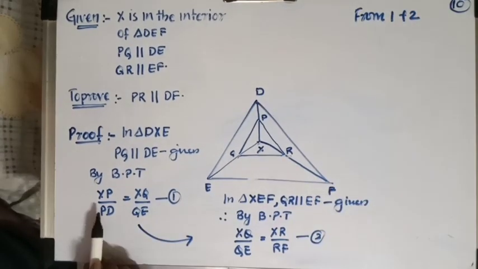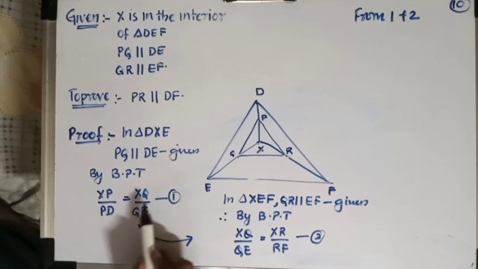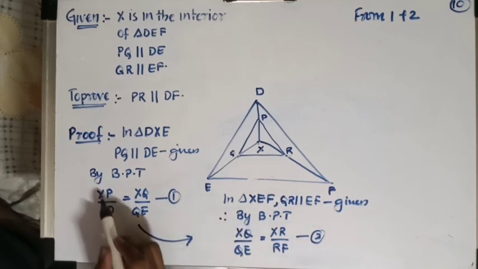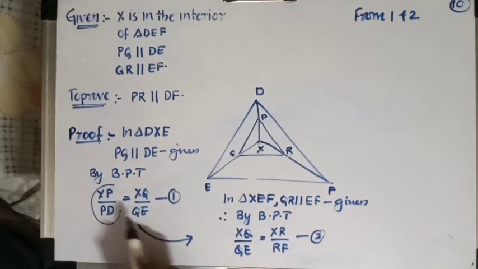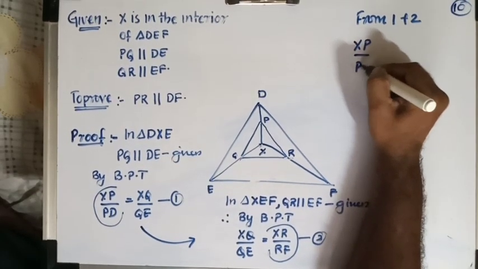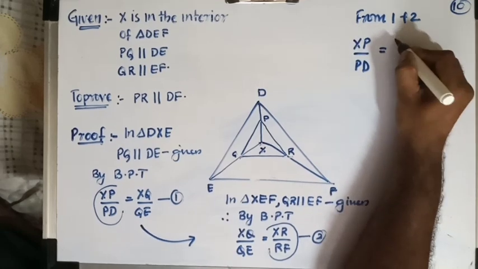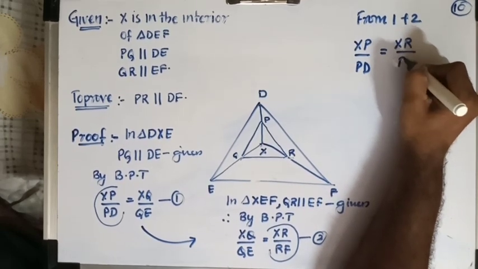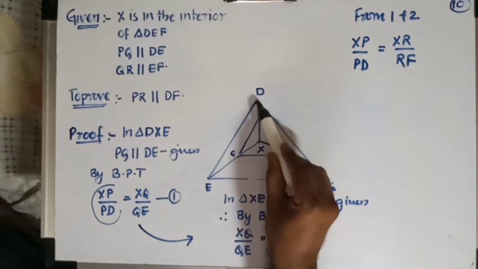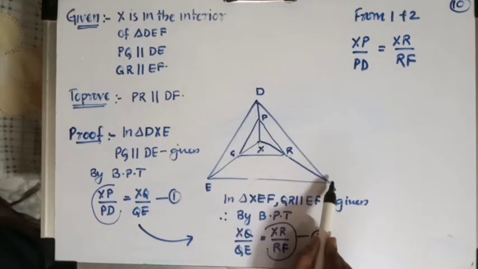See, look here. This XP upon PD is equal to XQ upon QE, but XQ upon QE is equal to XR upon RF. So from 1 and 2, XP upon PD is equals to XR upon RF.